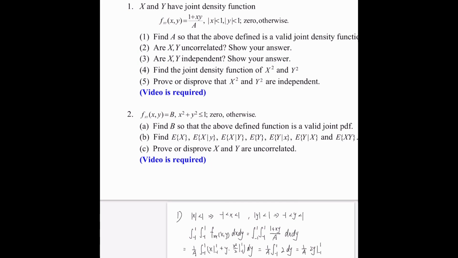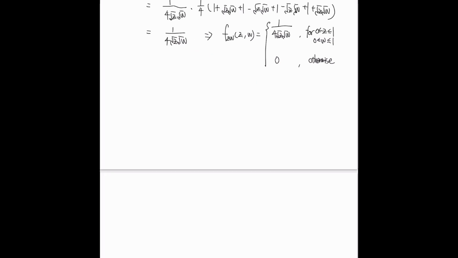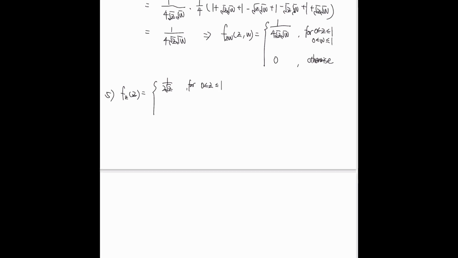Question 5. Prove or disprove that x squared and y squared are independent. F_Z of z equals 1 over 2 square root of z for z greater than or equal to 0 and less than or equal to 1, 0 otherwise.